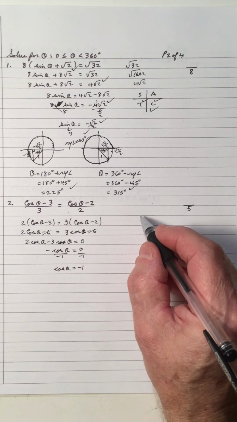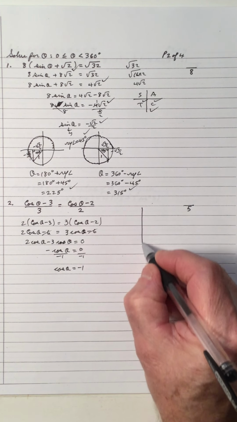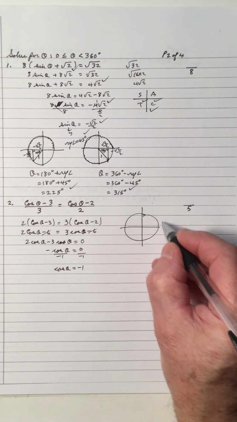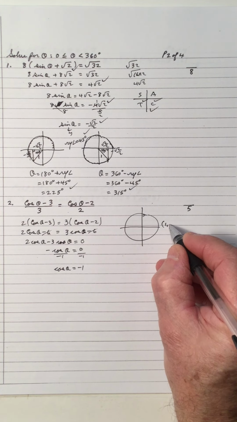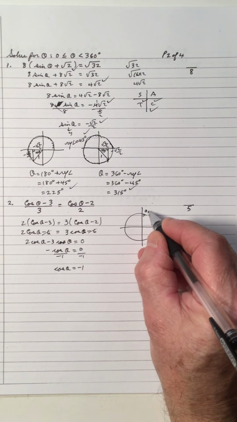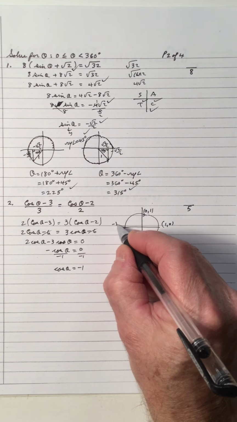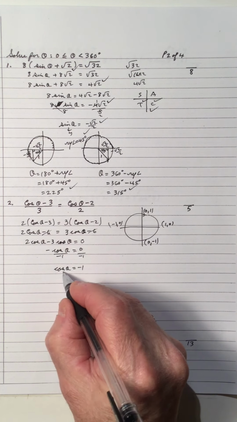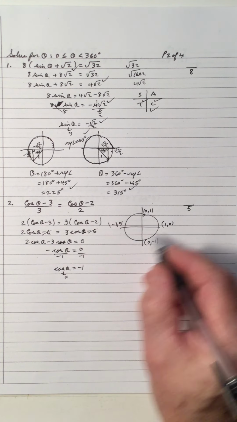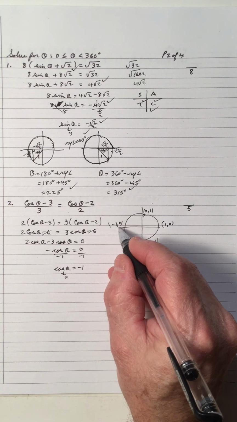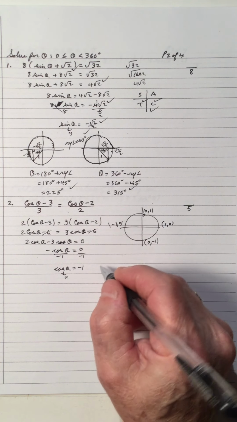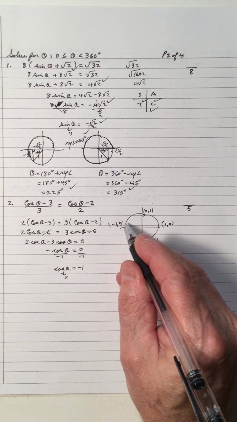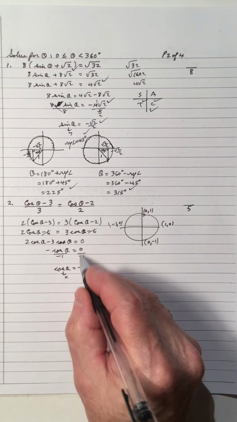And because we have 0, 1, or negative 1, we look at the circle. This point right here is 1, 0. This point is 0, 1. This point is negative 1, 0. This point is 0, negative 1. Cos is the x. Cos is 0, not negative 1.